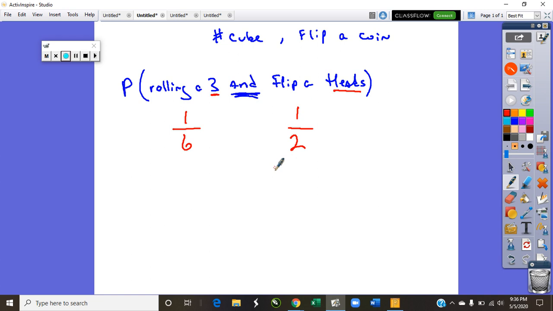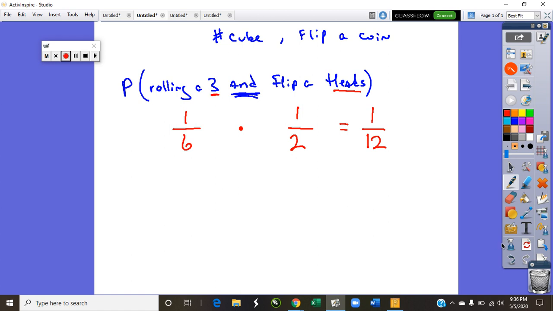Just one. Remember, you're going to take each of these chances and multiply them. So all I'm doing here is multiplying these two independent probabilities. 1 times 1 gives me 1. 6 times 2 gives me 12. So I would have a 1 in 12 chance of not only rolling a 3, but in addition flipping a heads. Does that make sense? 1 in 12 chance of that happening.